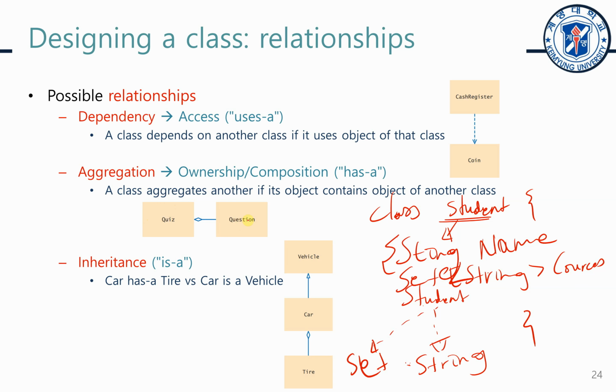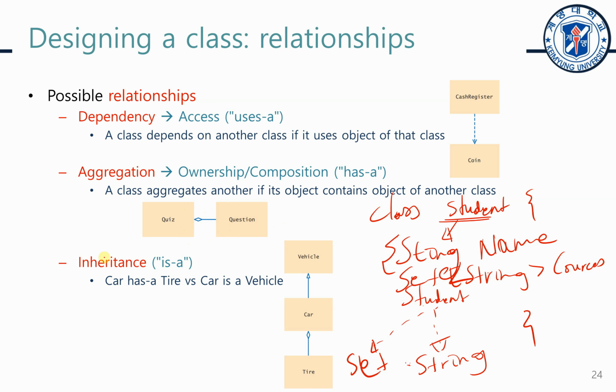And then a question has what? A question has a free form or a choice question. So a quiz can contain information about a student, and also it can have a question class. So this is aggregation.